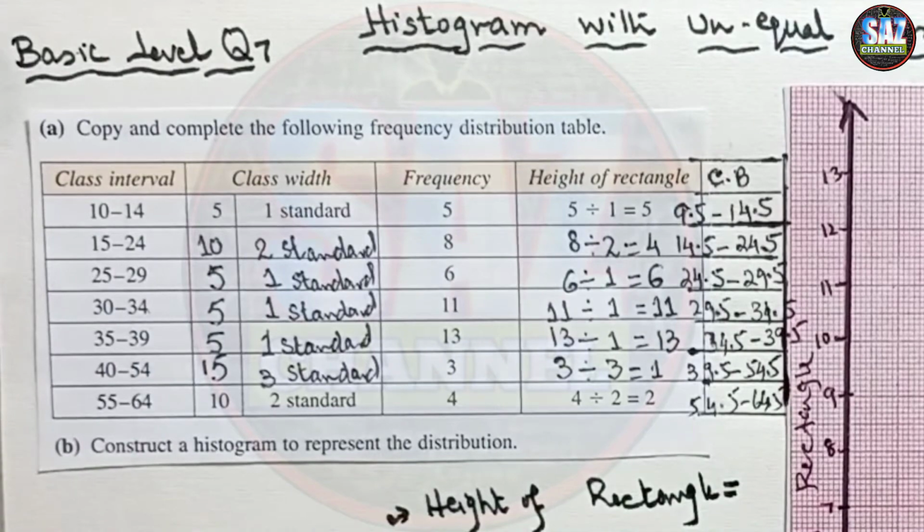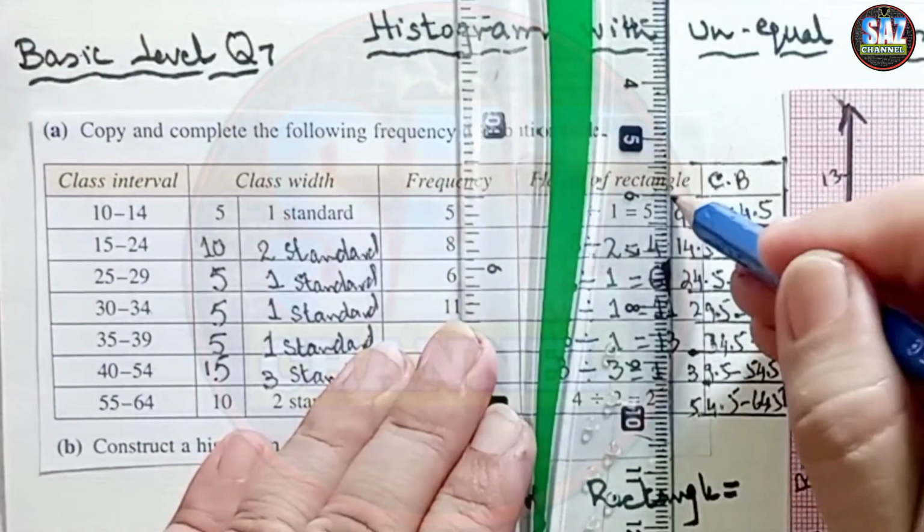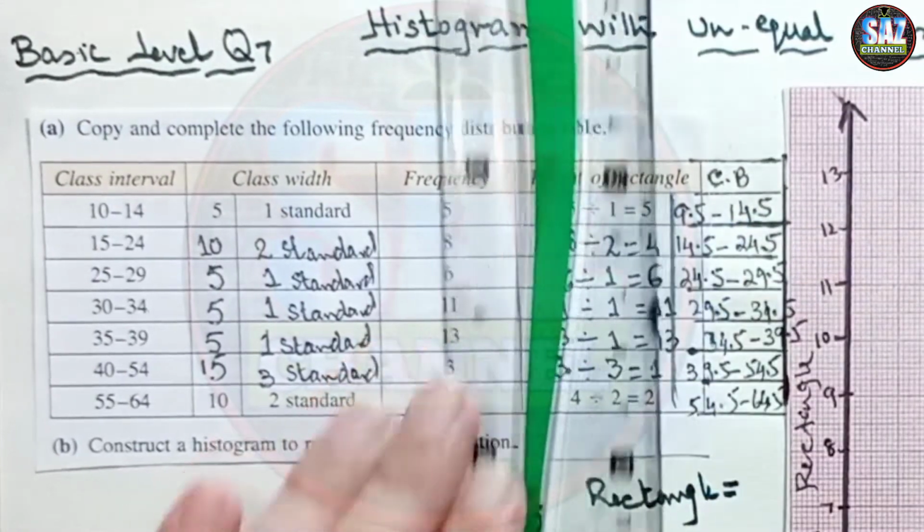Okay, the construction of the class boundary column is complete, and now let's move to the drawing of the graph carefully.